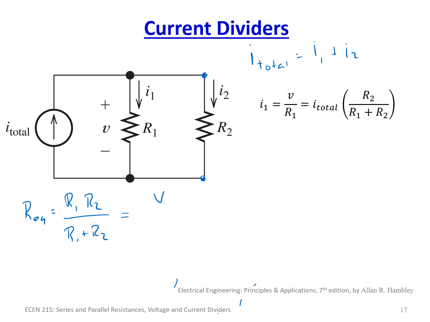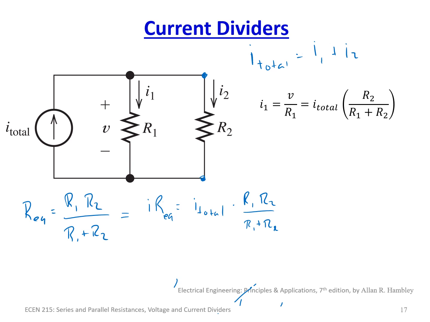So V is equal to I times R equivalent, which is the I total times R1 R2 over R1 plus R2.